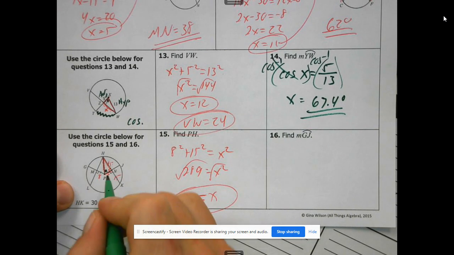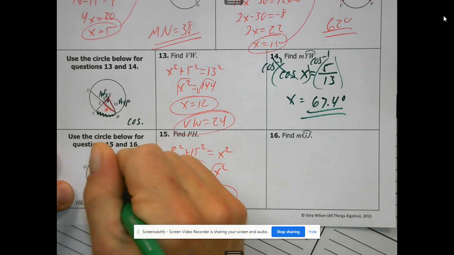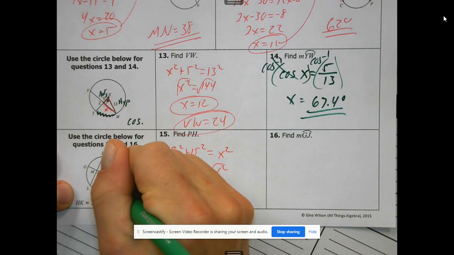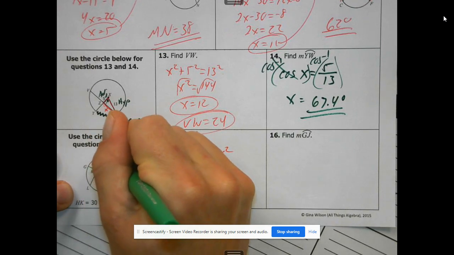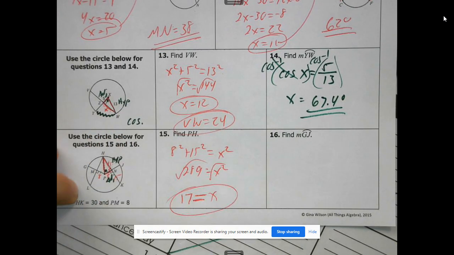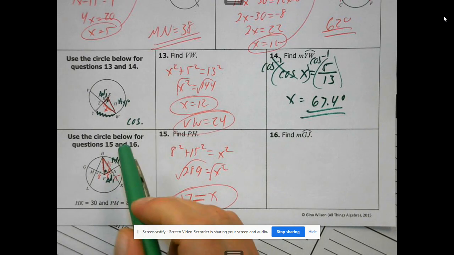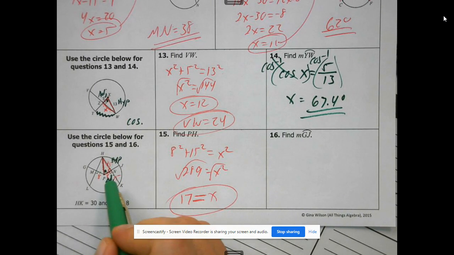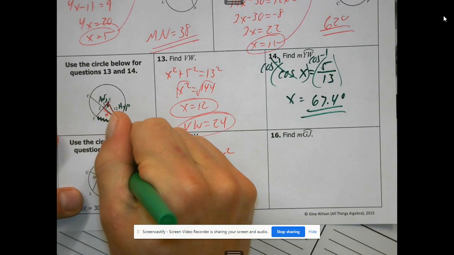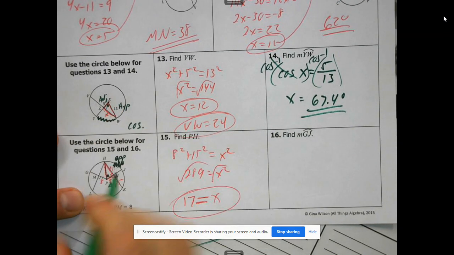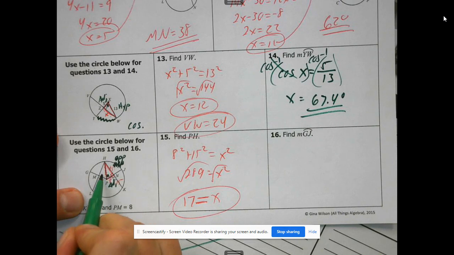But remember, the leg next to me would be adjacent. If I have the, I'm sorry, not the hypotenuse over here. This would be your opposite leg. My bad. Hypotenuse is this piece. Here's your 90. That's your hypotenuse.